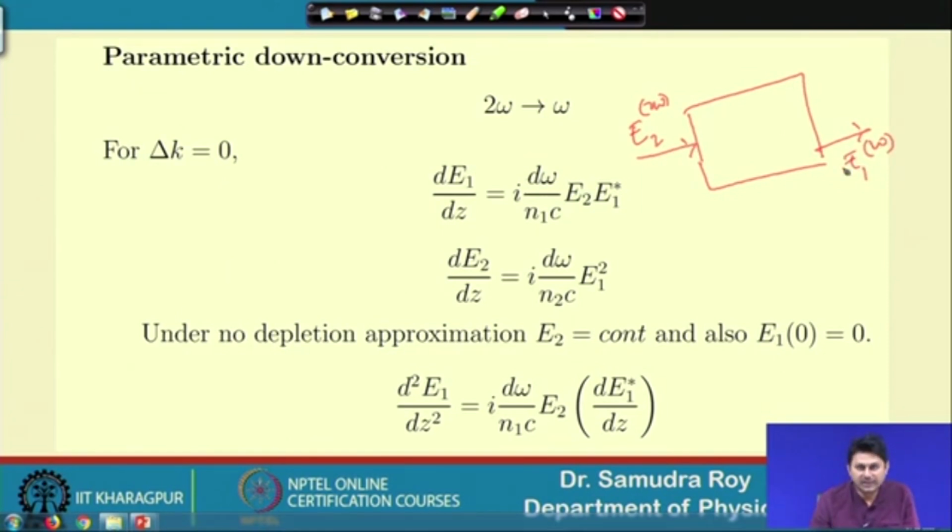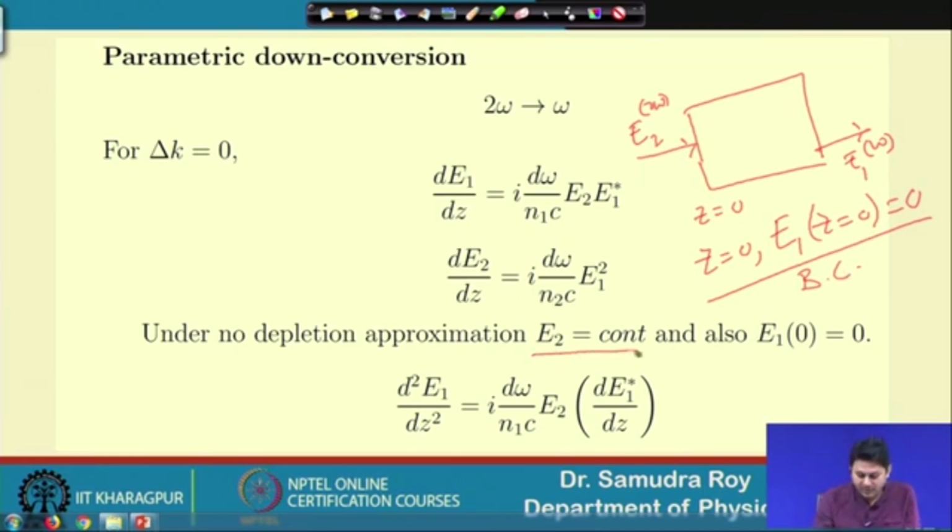The question is, is it really possible to generate? This is at z equal to 0. So, at z equal to 0, there is no wave of frequency omega, so this quantity has to be 0. This is our boundary condition. Fine. So, the 2 conditions we consider are that E 2 is constant and E 1 at 0 is 0.